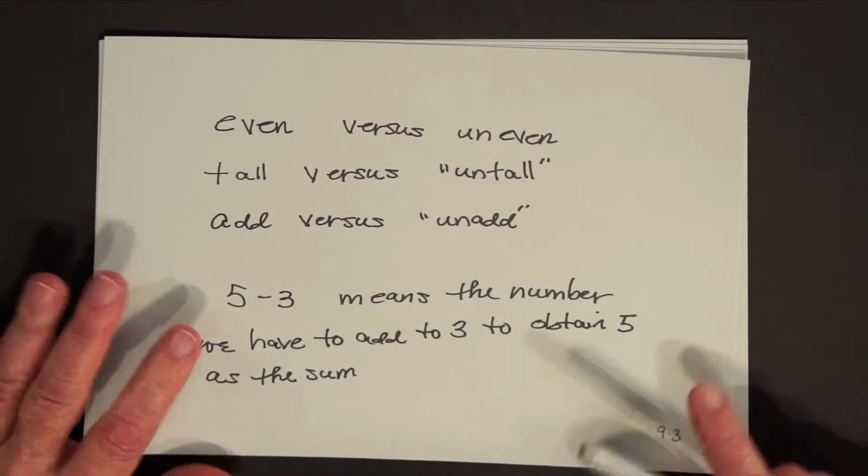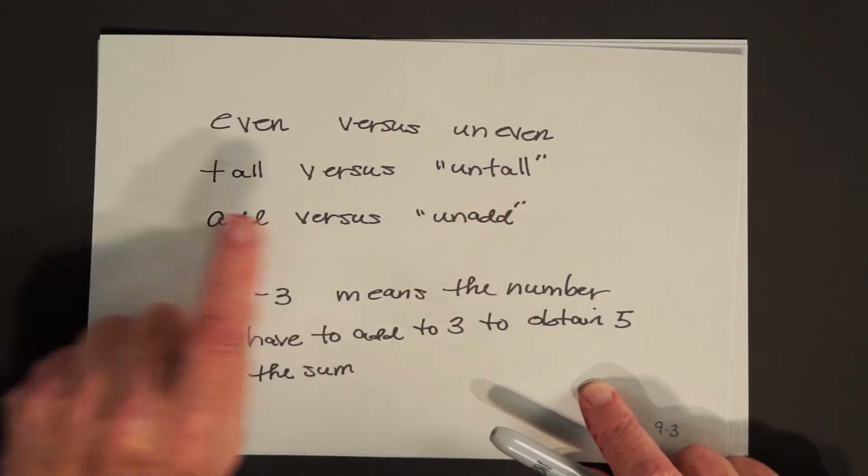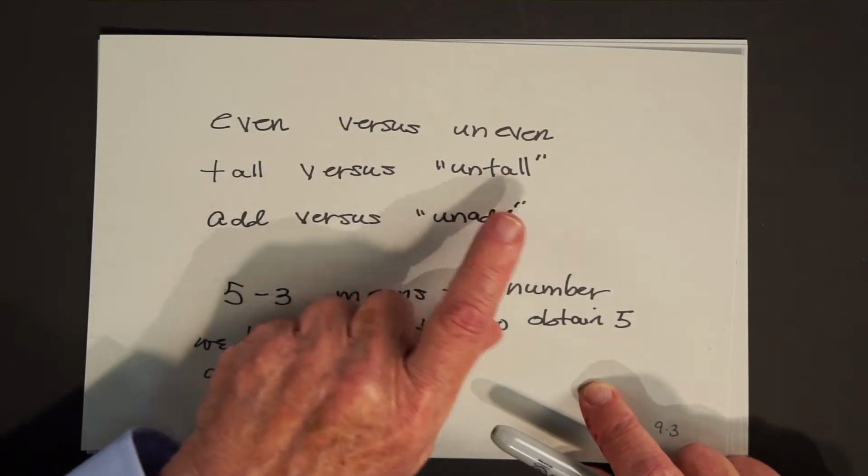I mean, notice that the word short in no way resembles the opposite of what tall means. If you're learning English as a second language, you still understand the concept of shorter and taller. But you may know the word tall, but you may not have yet learned the word short. So in a certain sense, I prefer to call, well, like I said before, you say even versus uneven. You could have tall versus untall.